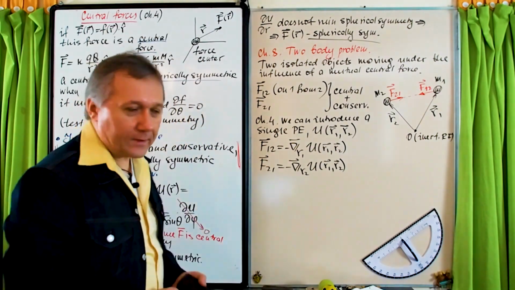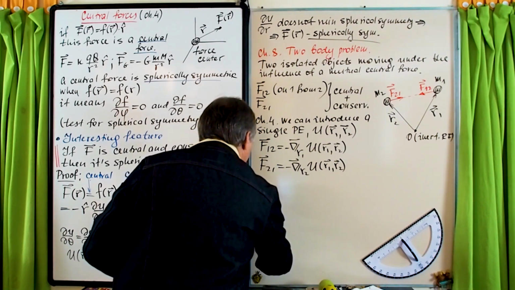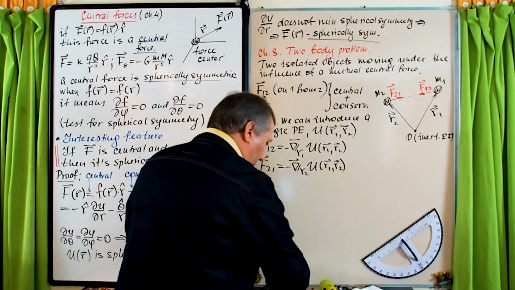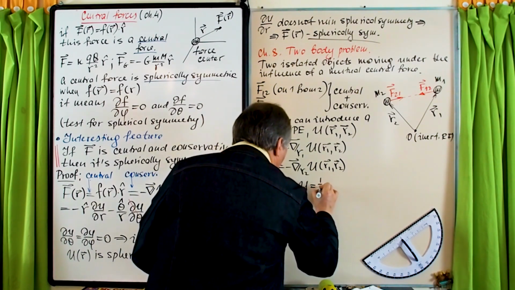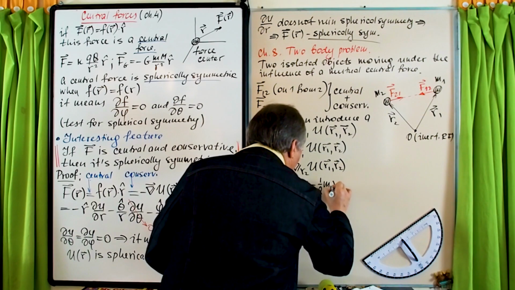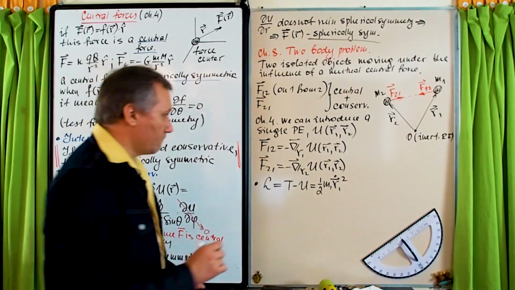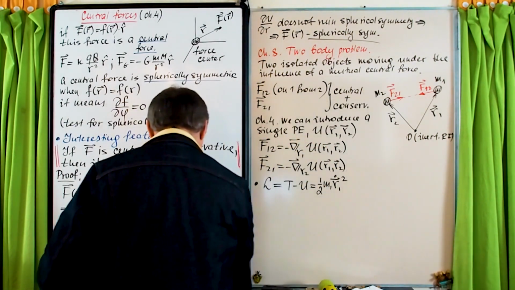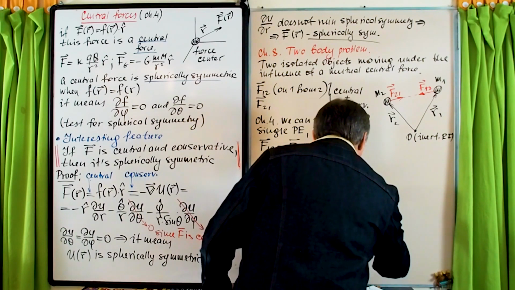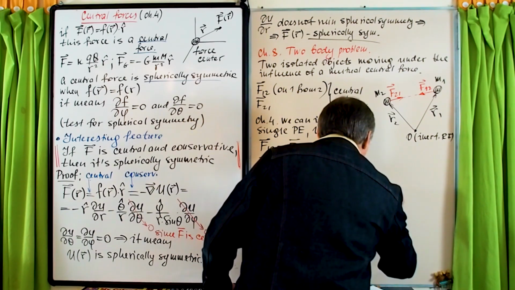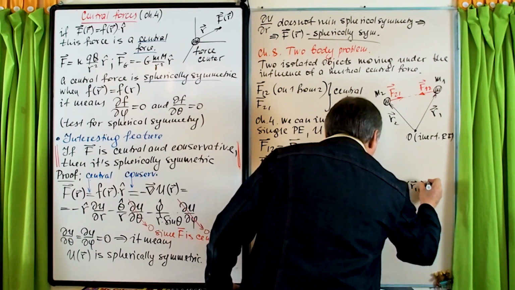So now the Lagrangian, L, will be, of course, T minus U, which equals 1 over 2 M1 R1 dot squared plus 1 over 2 M2 R2 dot squared minus our potential energy, which we just introduced.